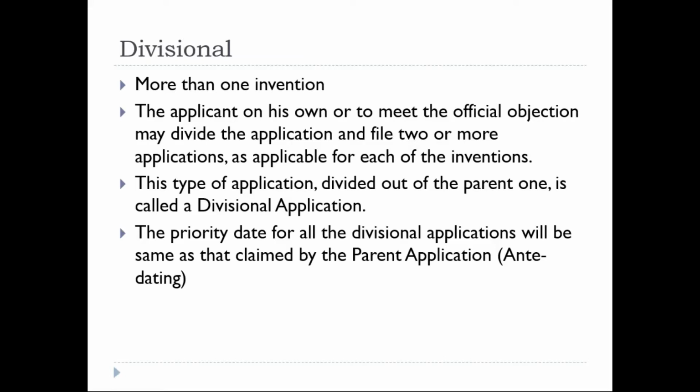I have given the example only for two, but it doesn't mean only two, right? It can be three or even more, whichever number they are, if you are unknowingly combining and filing it as a single application. So this is all about dividing the application. That very specifically we call a divisional application, as simple as that, right?